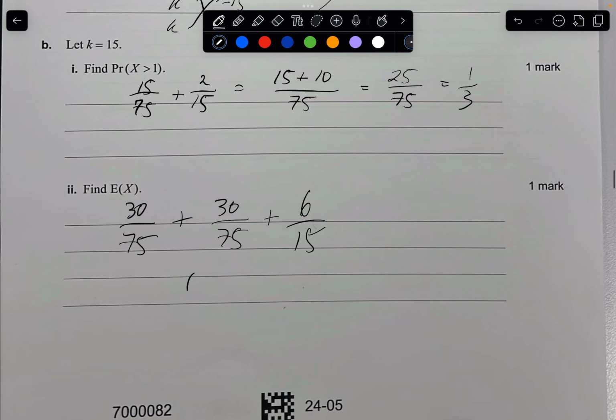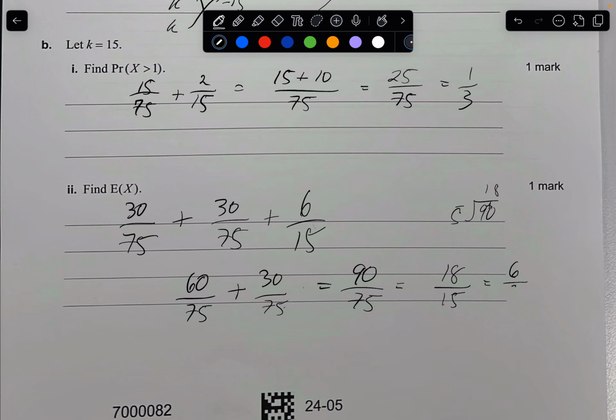So that would be plus, again, 30 on 75, which is 90 on 75, and you can divide by, we'll start off with 5. 18 on 15, and then that will be 6 on 5.